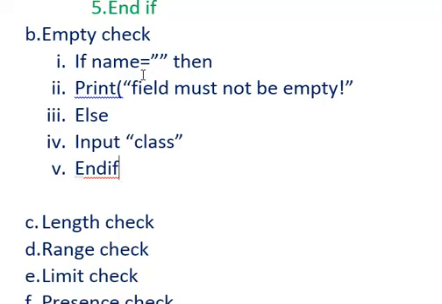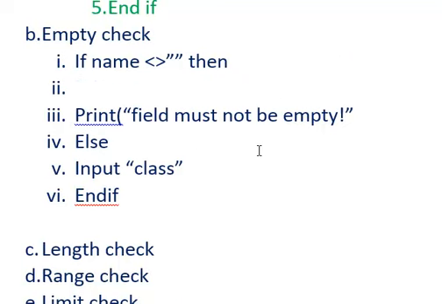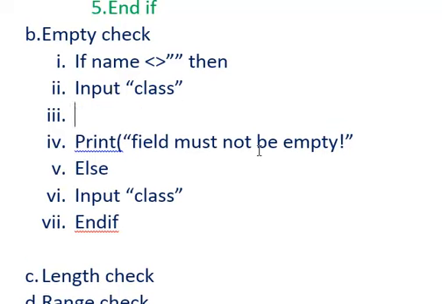Or you can write it this way: if name not equals to empty, the sign for not equals to empty, then input class, else print field must not be empty.